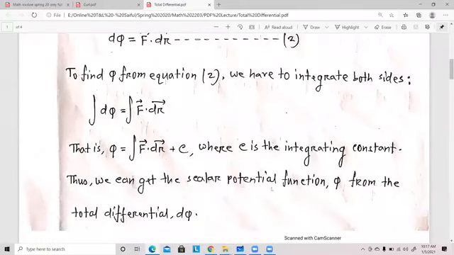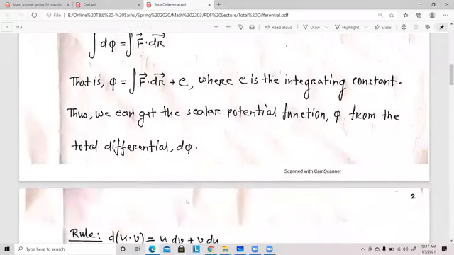Thus we can get the scalar potential function phi from the total differential d phi. Okay. So this is the process for finding the total differential.